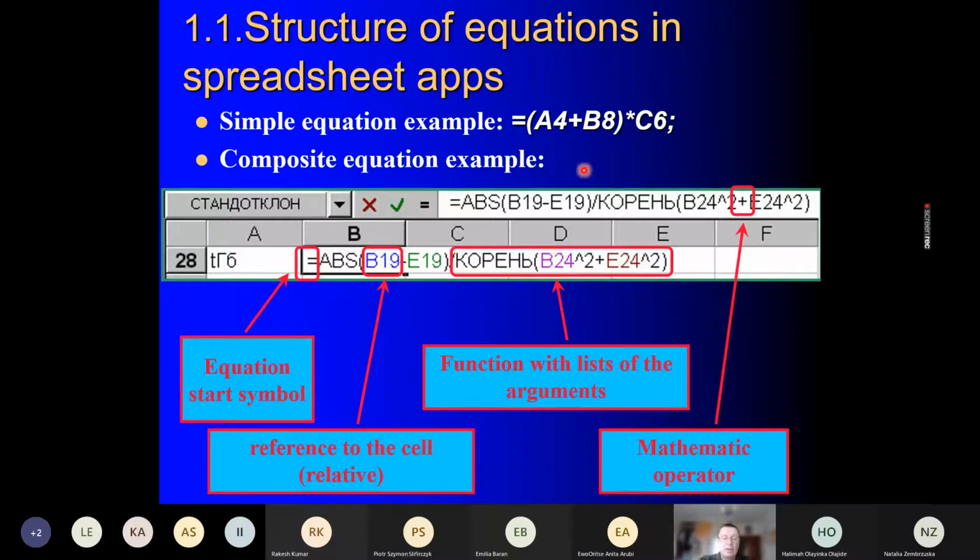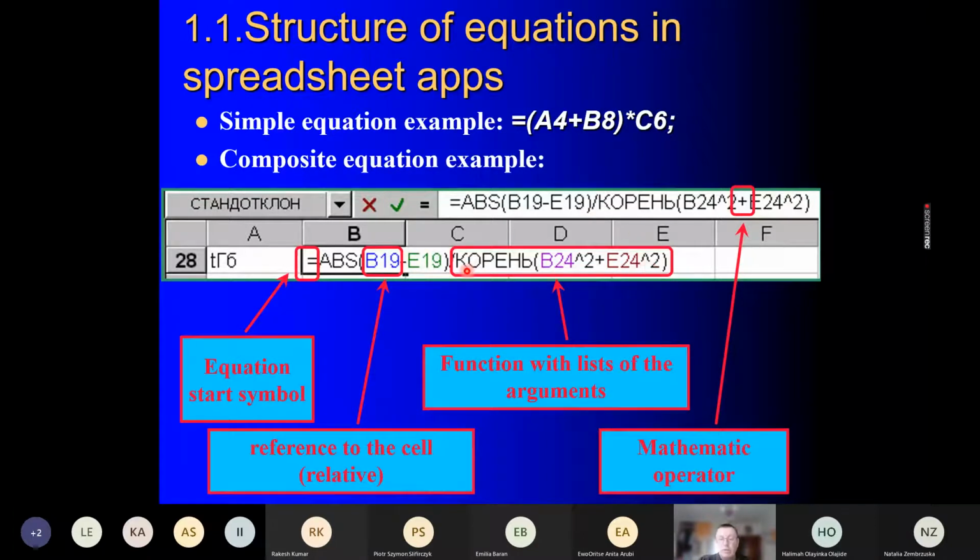First of all, I think it's obvious that this is the general structure of an equation. It starts with an equal character, and after that it has to be followed by any valid mathematical or arithmetical operation, and the variables we usually replace with references to those cells which contain our data.